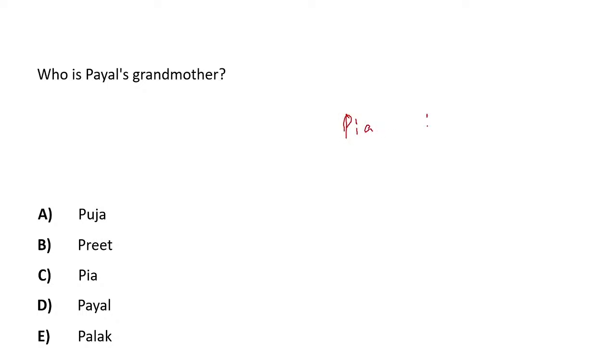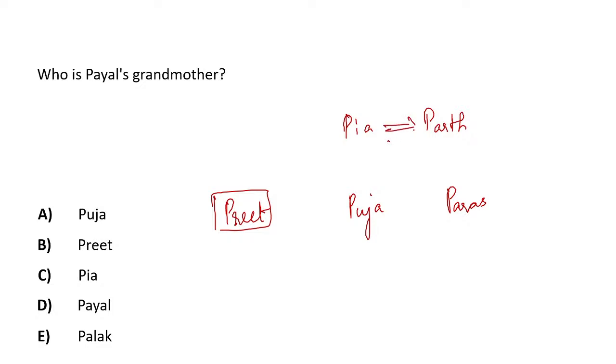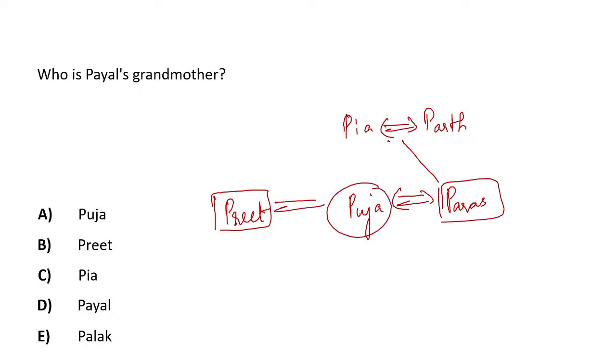So we have Pia, Parth, Paras, Pooja, Preet, Palak, Payal.